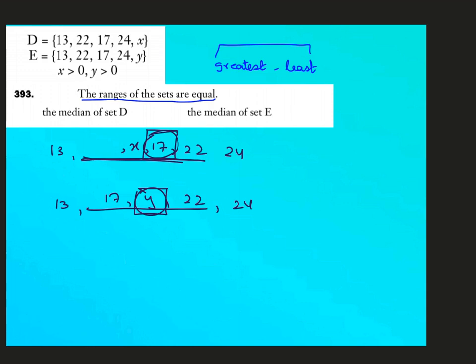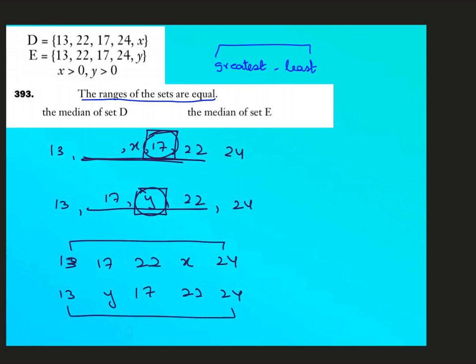I can just reverse the situation to say that it's 13, then 17, then 22, x, 24. And let's say that's 13, y, 17, 22, 24. That's also a possibility where x and y are in between. Even in this case, the ranges are equal.